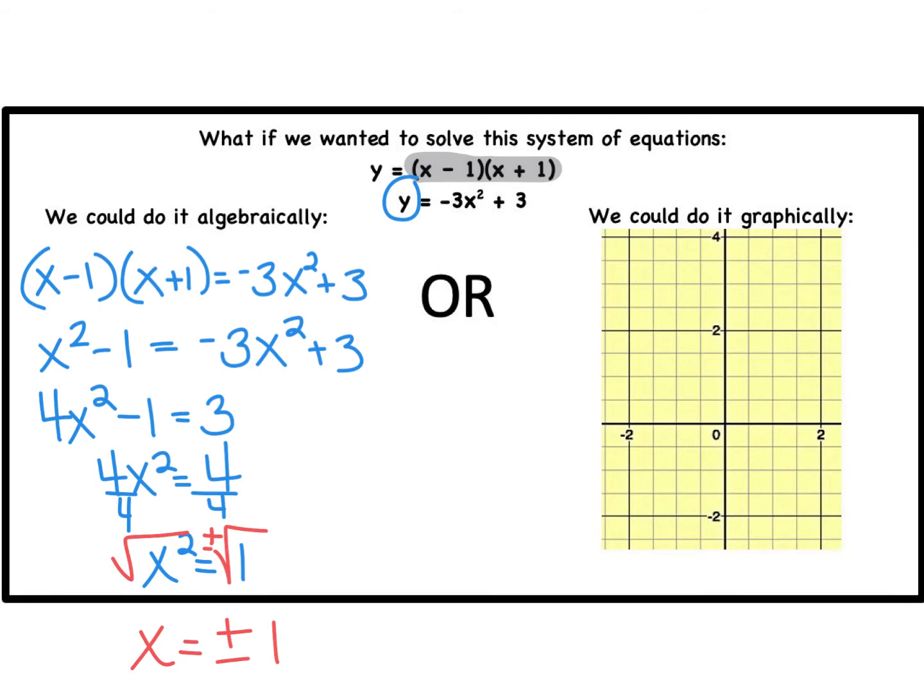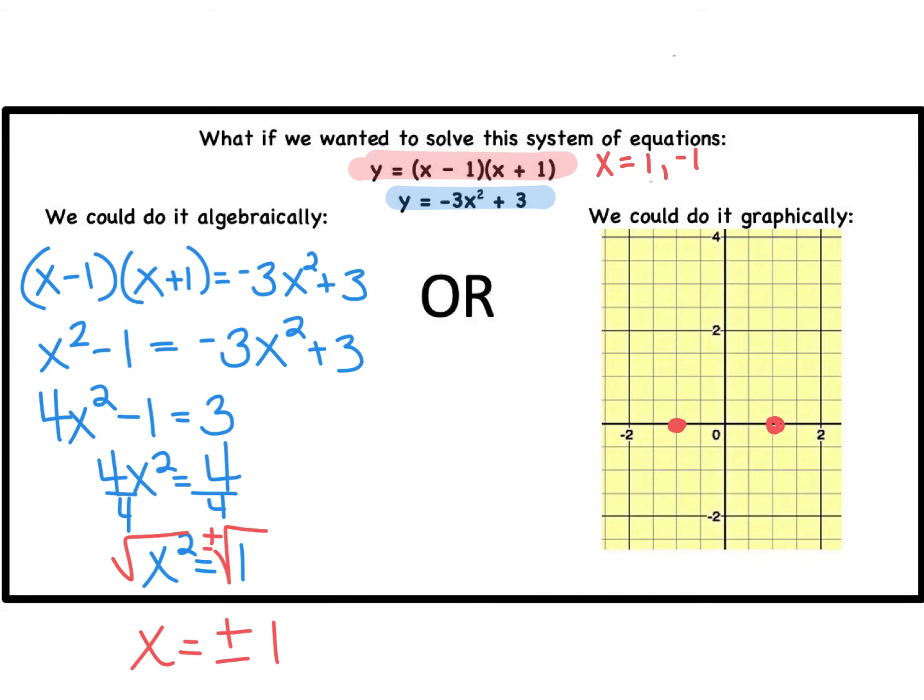Now, let's examine this graphically. So to graph this top equation, I'll do it in red. I am going to first plot the zeros. I can see that it is in intercept form, so the first zero would be +1 and the second one would be -1. Notice how the graph is counting here. This would be -1 and here's +1.